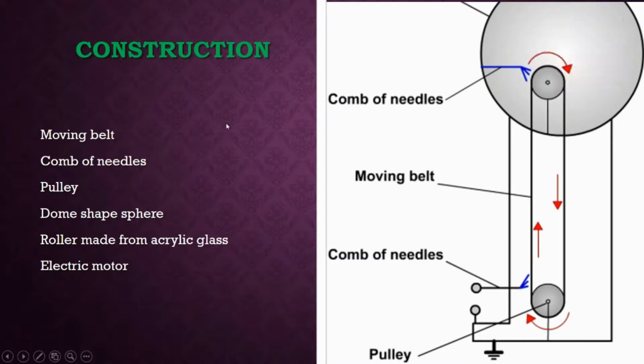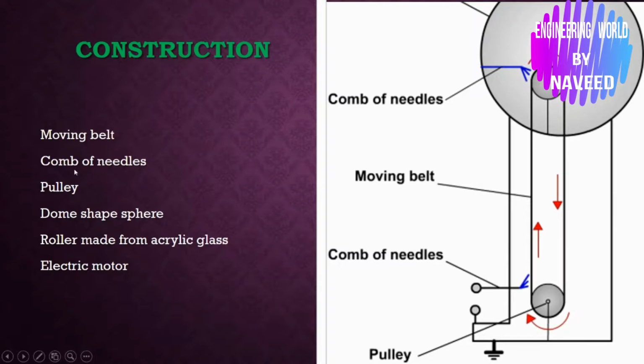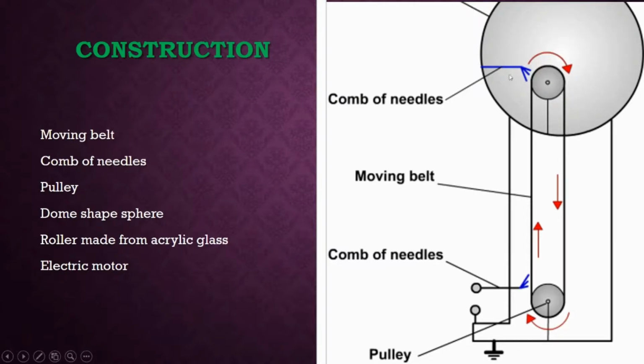Then the comb of needles. These are the needles which are used for spraying charges onto the belt or collecting charges from the belt and transferring the charges from the comb toward the dome shape sphere.